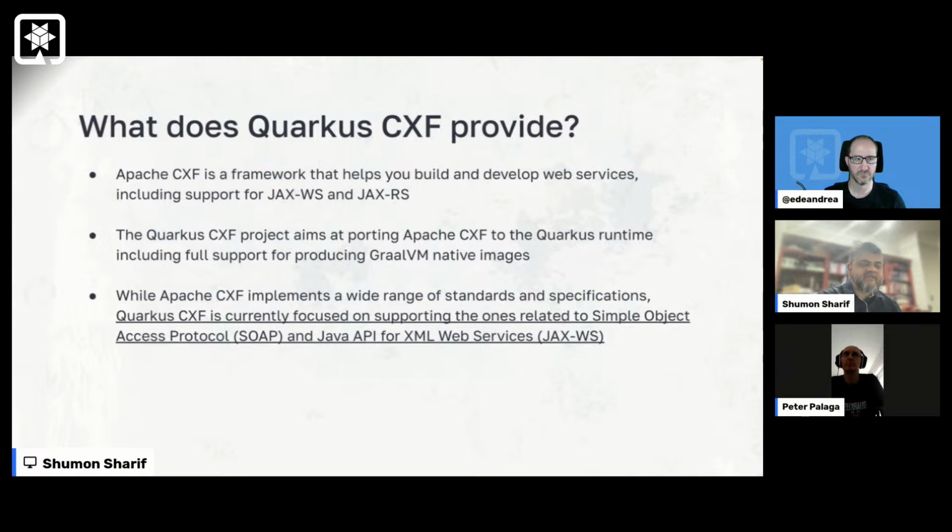That's where I think you get a lot of bang for your buck if you're able to work with native images. Apache CXF implements a wide range of standards and specifications, but we're currently focused in the Quarkus CXF extension on supporting only the ones related to SOAP and JAX-WS specifically.